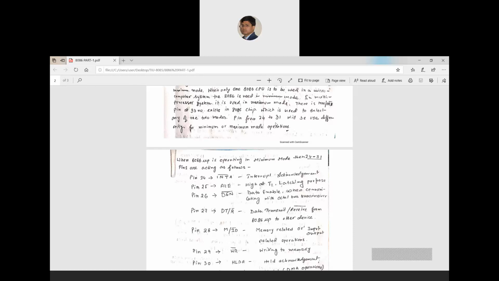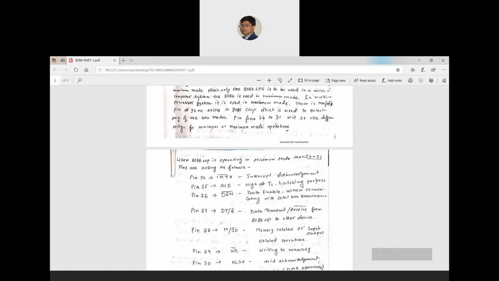In that scenario, 8086 is not responsible for controlling each and every operation. It has a specific task to do. This is known as maximum mode operation.